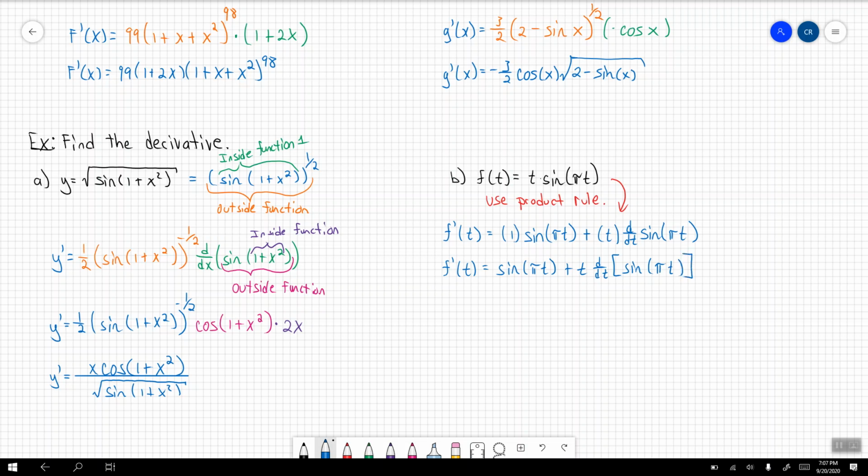And now is when we want to identify that we do have this outside function, and we do also have an inside function. And that's my pi times t.